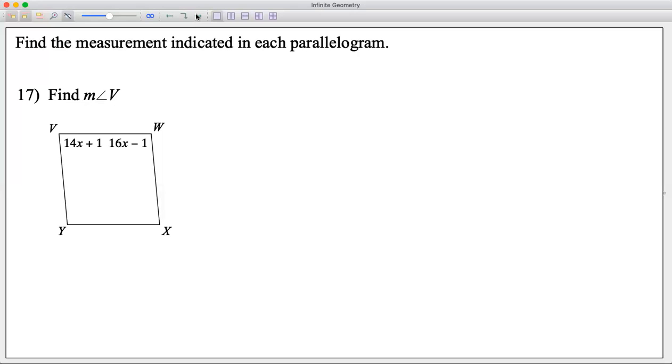Can anybody do that in their head? I cannot. Yes, I can. Do it. 30 equals 180. X equals 6. So therefore, V is? V is 14 times 6. Wait, let me see. I'll figure this out. No, yeah, 84. So therefore, the answer is? It's 85. All right, pretty good.